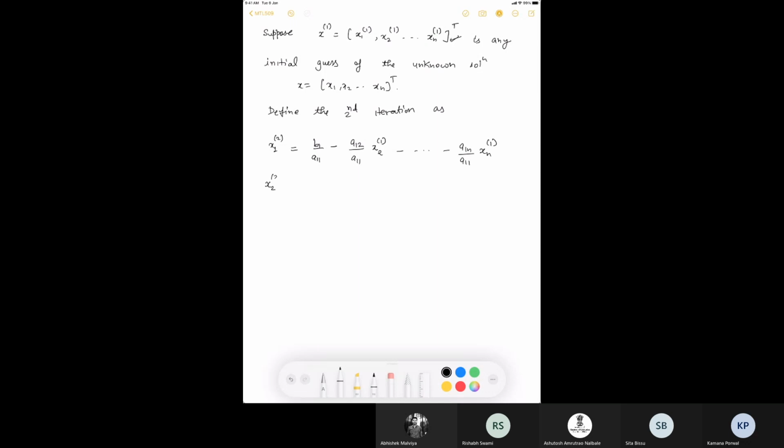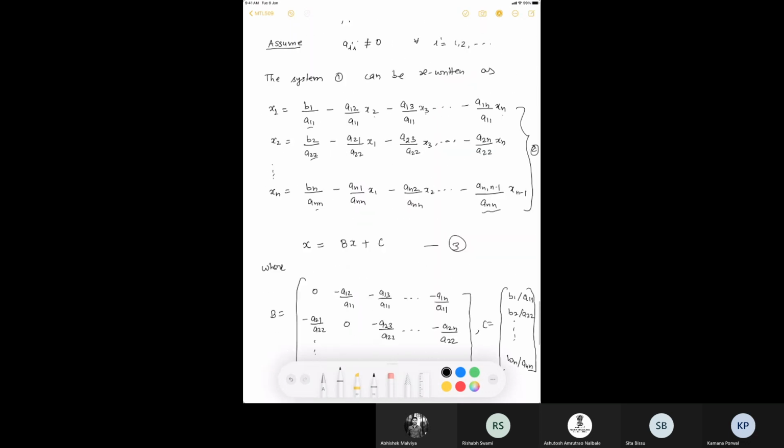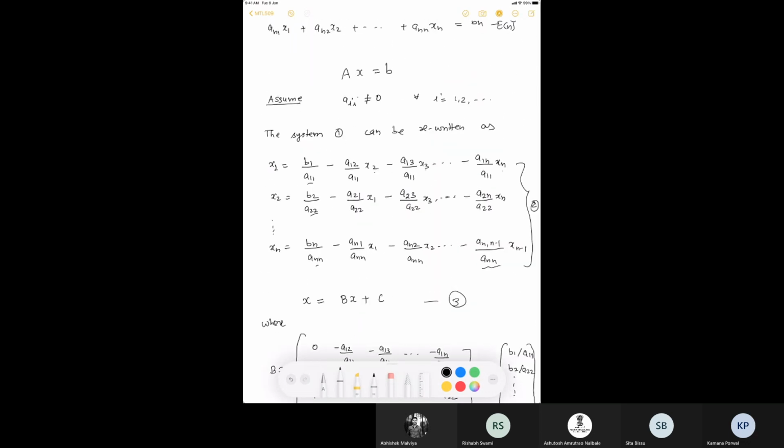So x2 is going to be, here I'm just using this equation again.